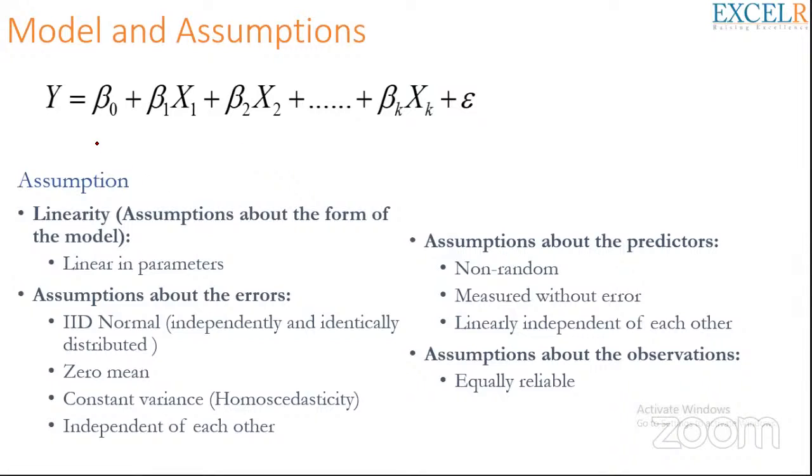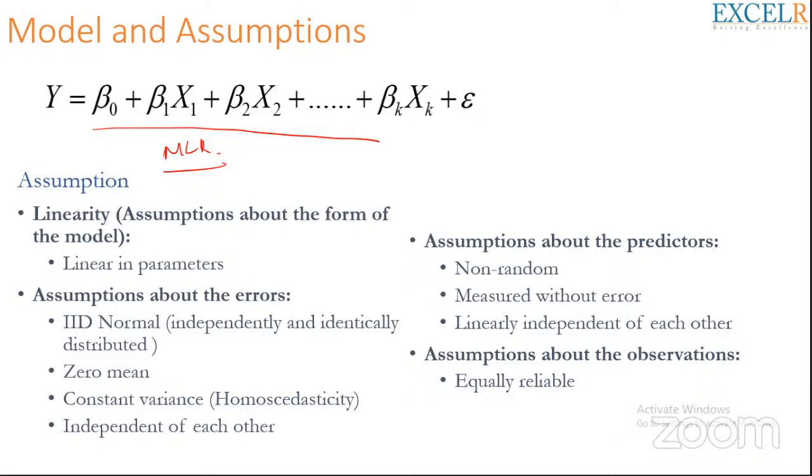So before building this multiple linear regression, MLR, we have to have some assumptions. Okay, so these are the assumptions that we have to assume before building the model, and also once you build the model, we have to validate whether these assumptions are complying or whether there are any violations.